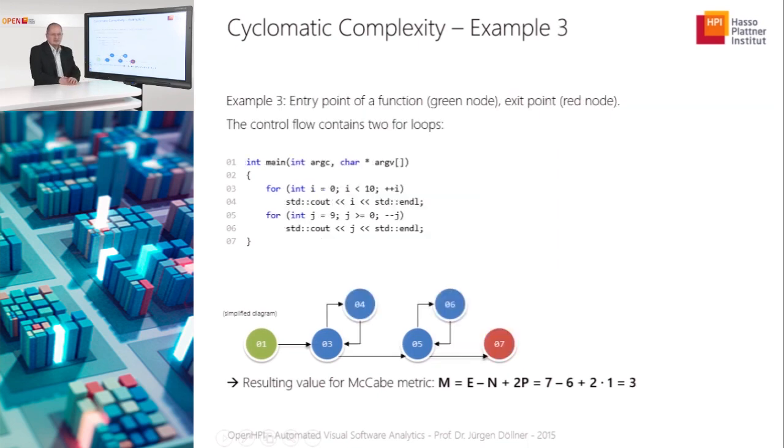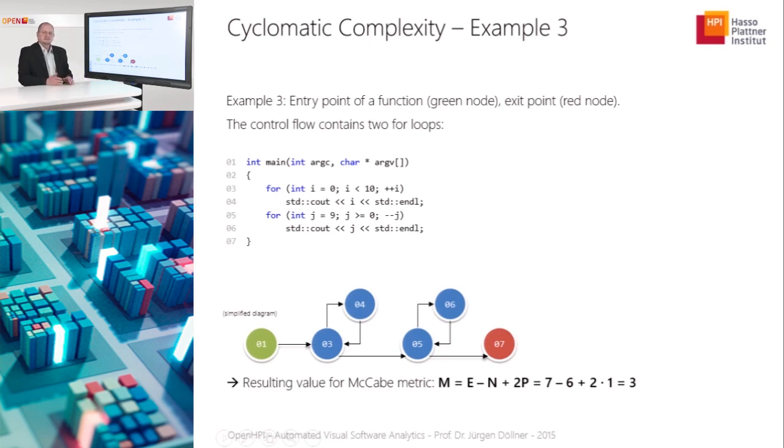Let's see a more complicated example, an implementation that consists of 2 for loops within a main function. So we have 6 nodes in total, 7 edges, and the cyclomatic complexity results to 3.